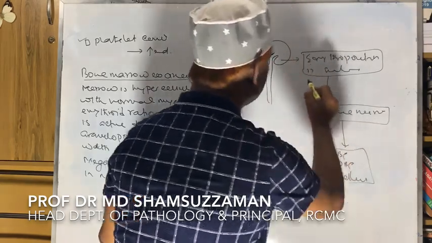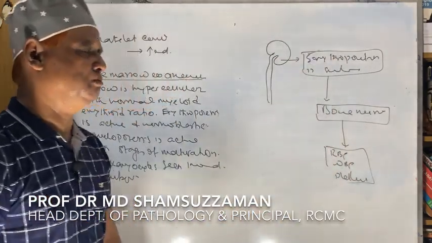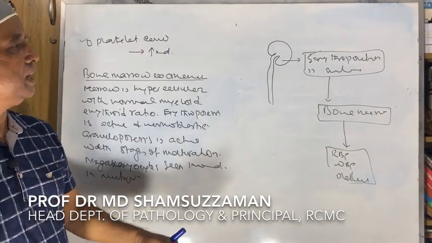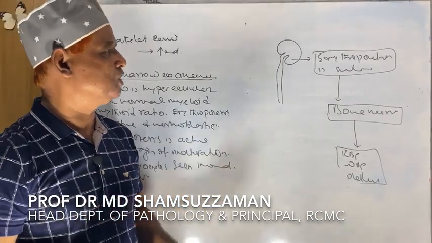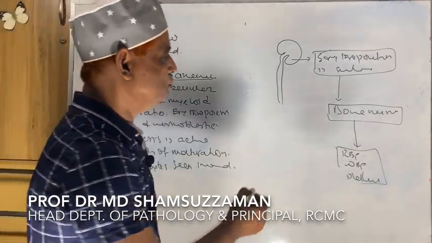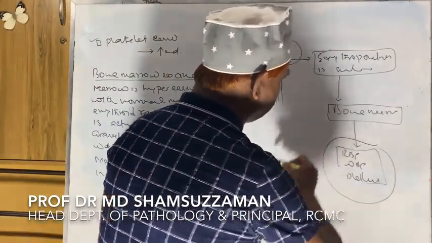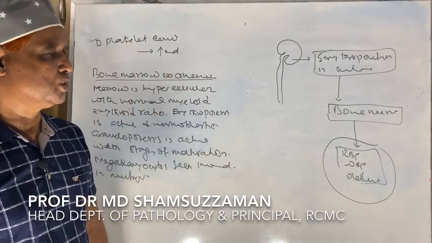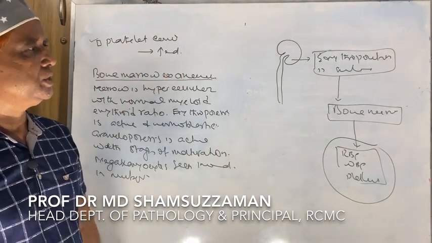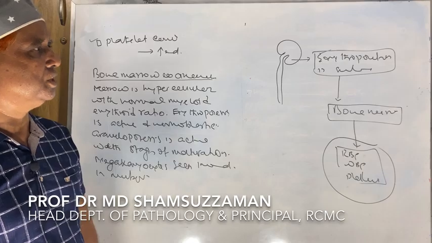So erythropoietin is nothing but marrow stimulant. If there is excessive production of erythropoietin, there will be increased production of RBC, WBC, and platelet, and it will lead to polycythemia, and this is secondary true polycythemia.